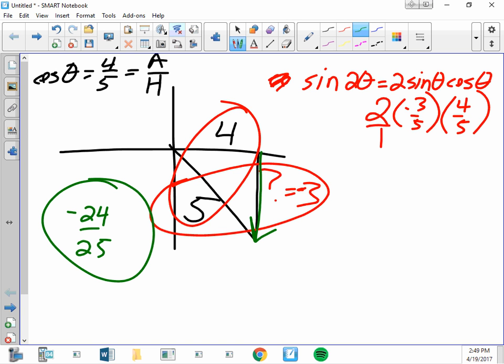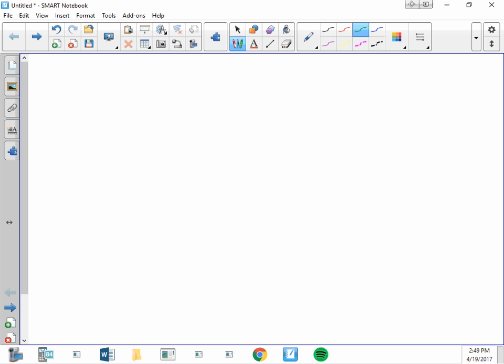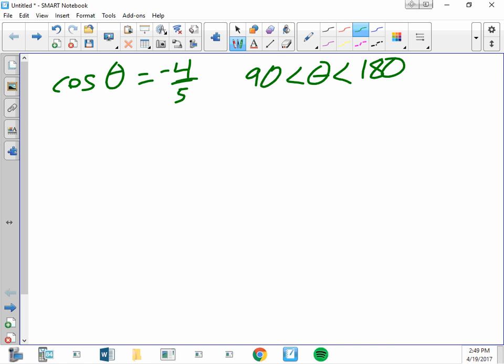Okay, let's do number 19. Number 19 says the cosine of theta is negative, and theta is strictly between 90 and 180.